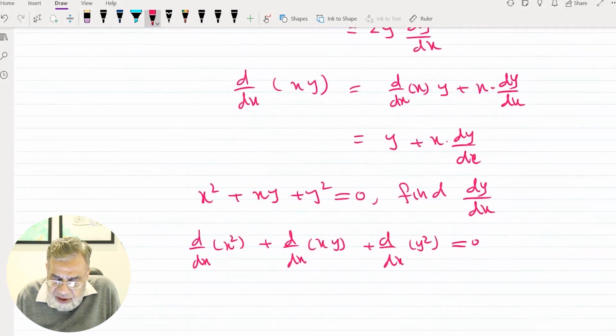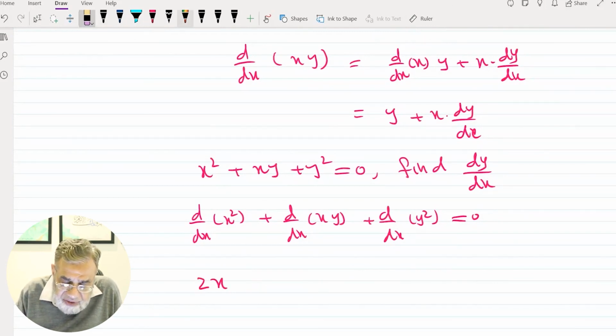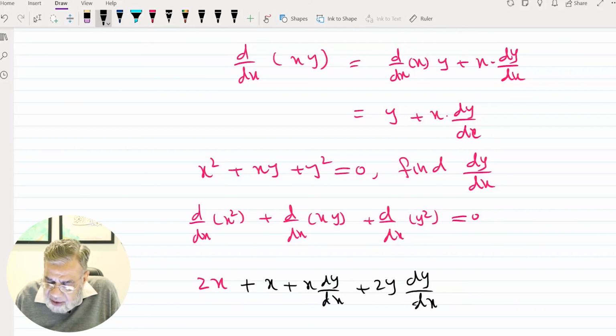I take the derivatives. So x square gives 2x. Then xy gives y, plus, with implicit differentiation, x dy by dx. These are two terms. Then here we get 2y dy by dx equal to 0.